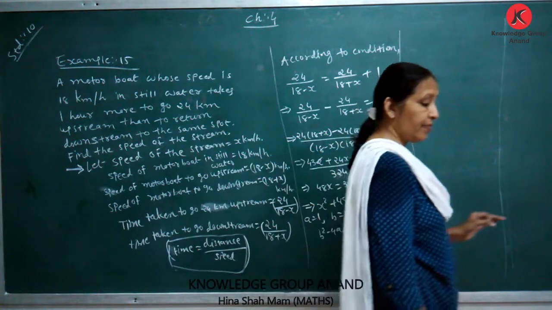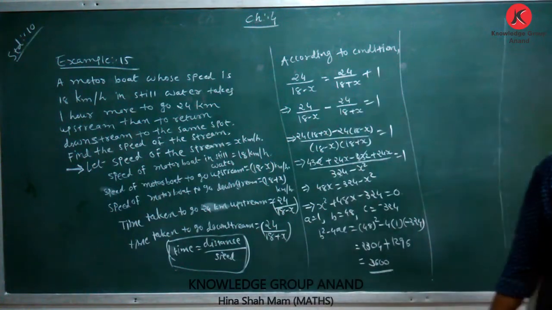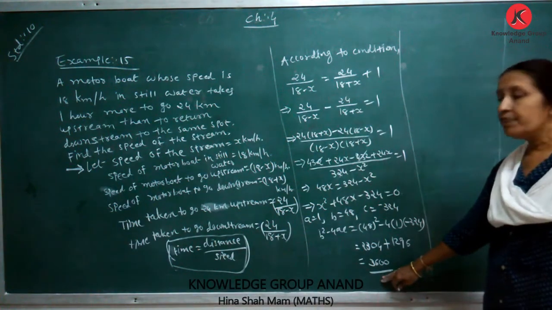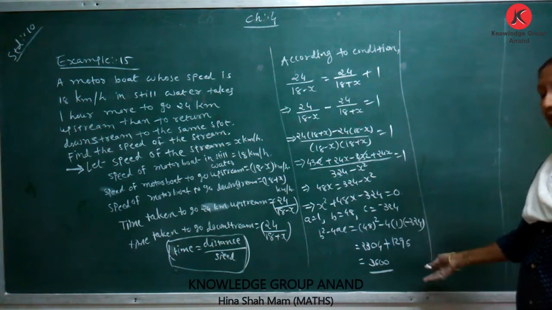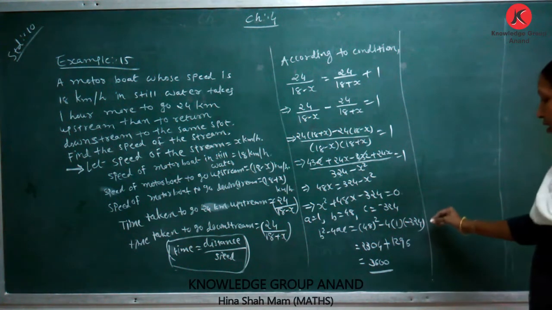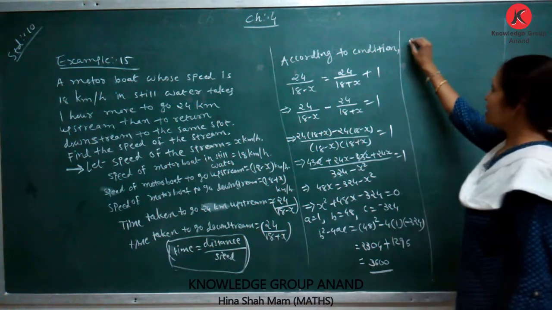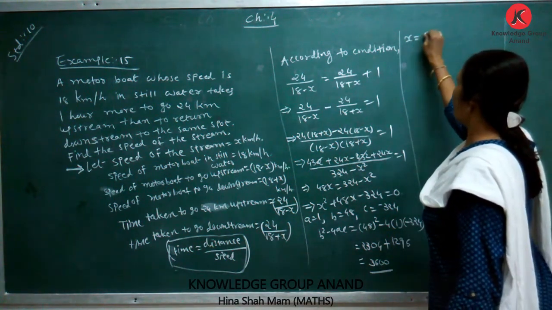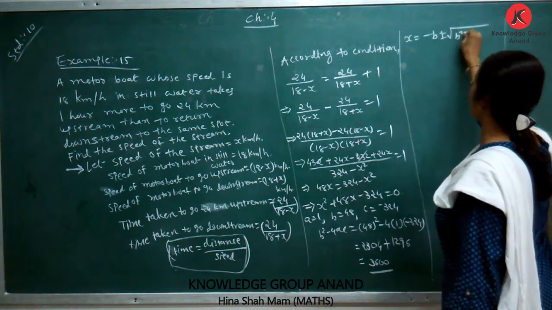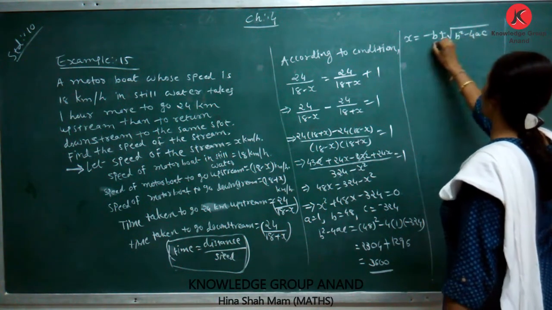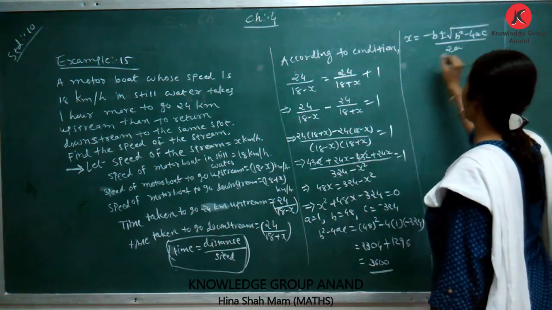Now find the roots of this equation. It has unequal real roots. Here x is equal to minus b plus minus under root b square minus 4ac upon 2a.